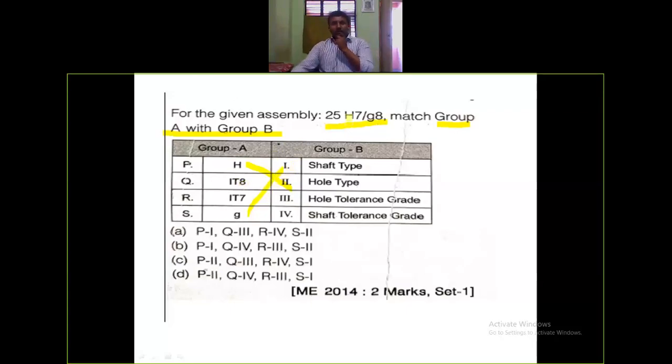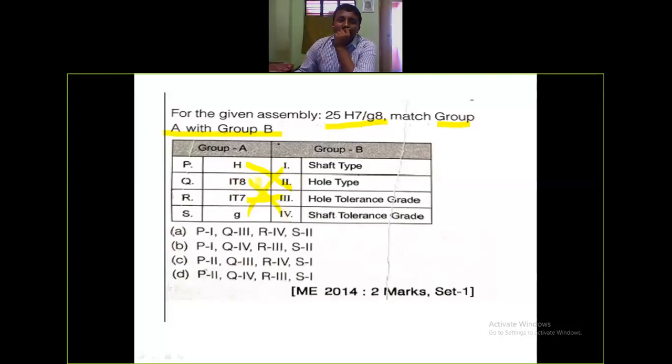So H stands for hole, so it will match with the hole. H7, 7 is for hole, it will match with 3, and R will match with 3, and this one will match with 4, shaft.